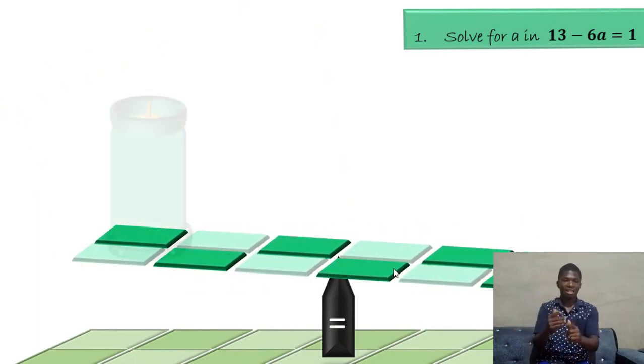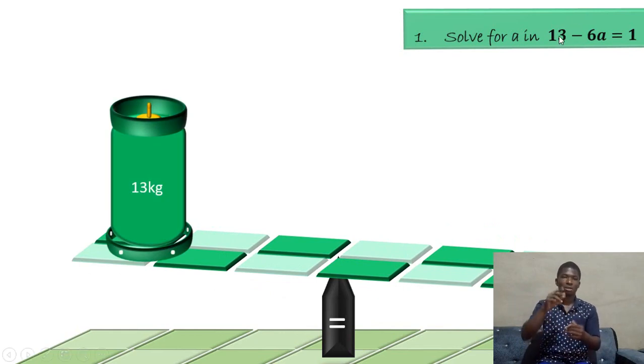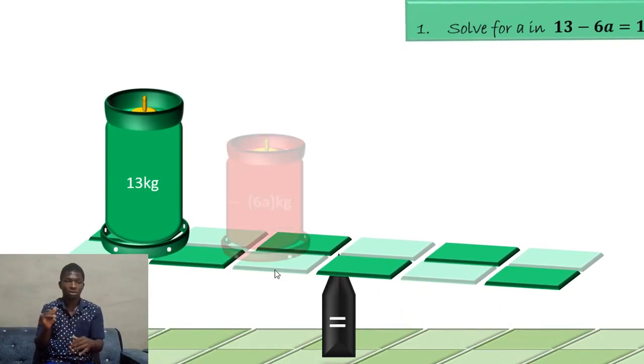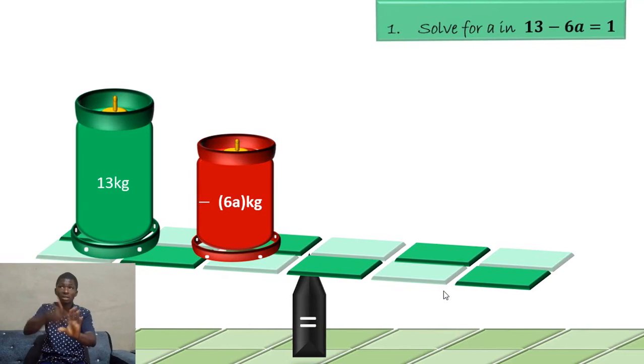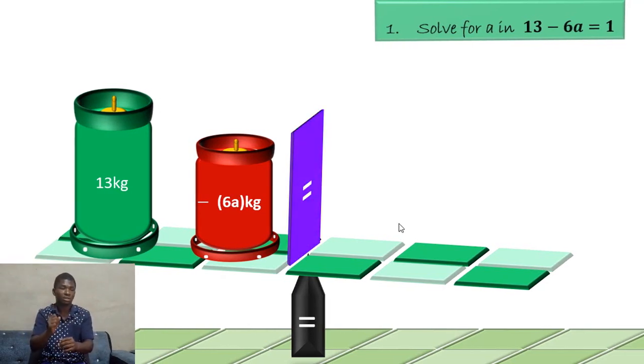So, let's have a cooking cylinder with the label of 13 kg. Still on this side, let's have a minus 6a kg cylinder. And on this side, let's have a bridge, just like the equal to sign, let's have a bridge there.